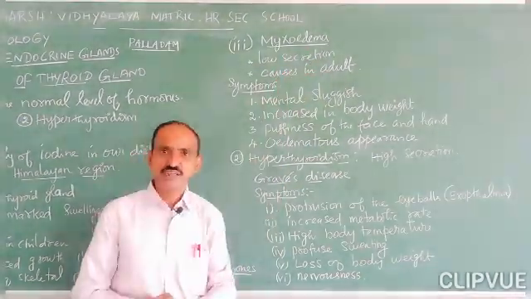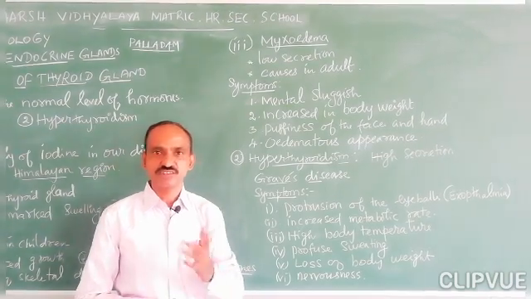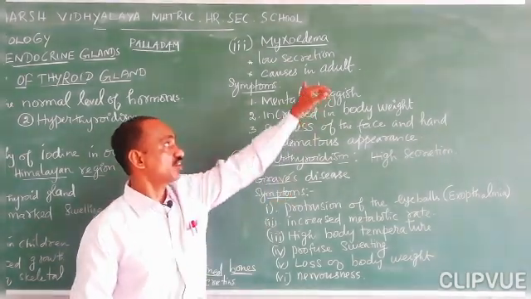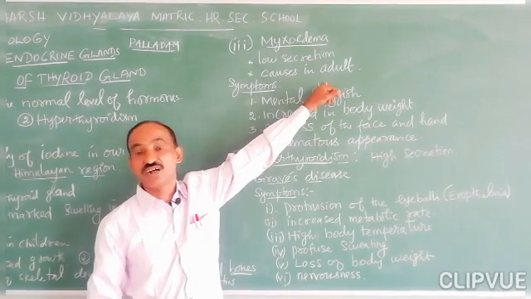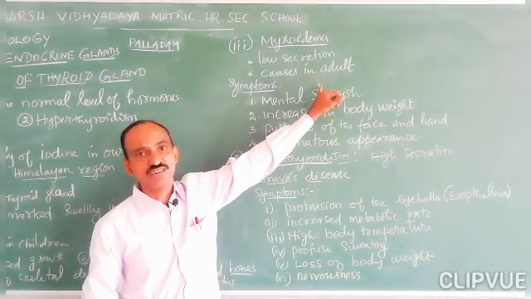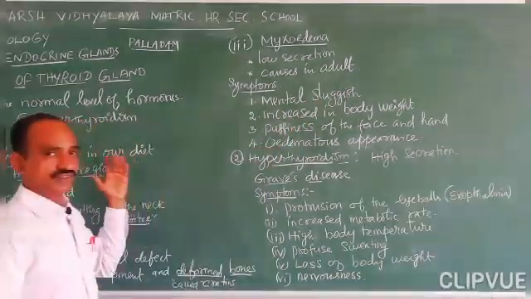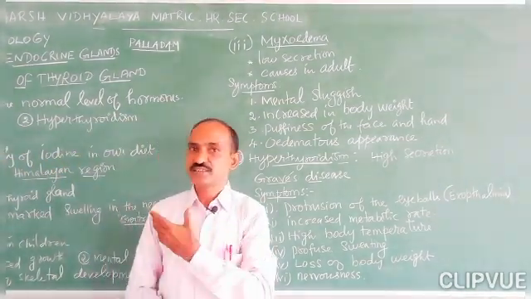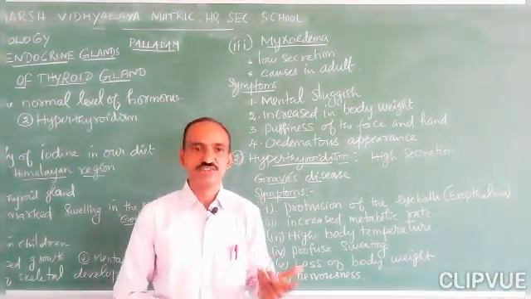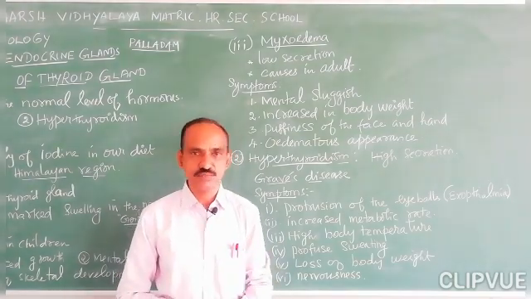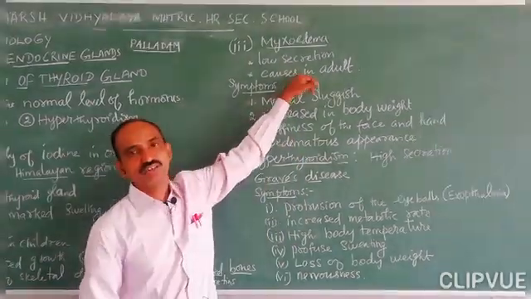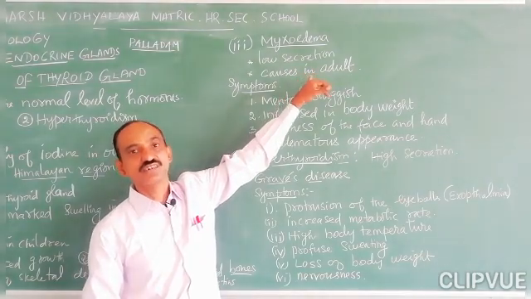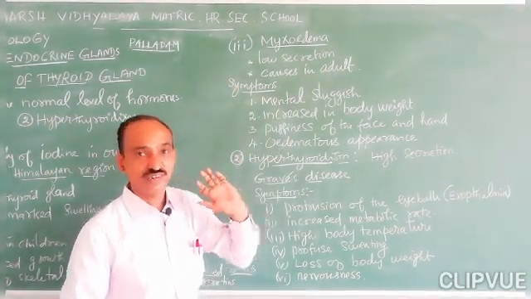This mainly occurs in adults, not in children. Cretinism occurs in children. Simple goiter is common, whether child or adult, but Myxodema occurs in adults, not in children.